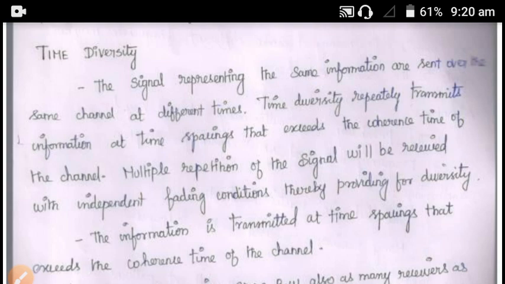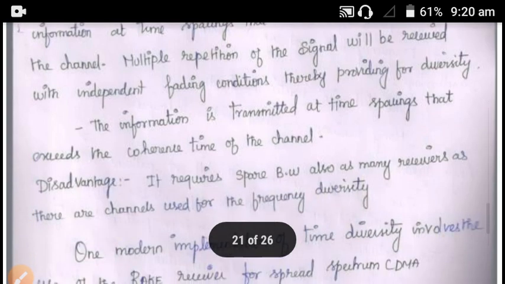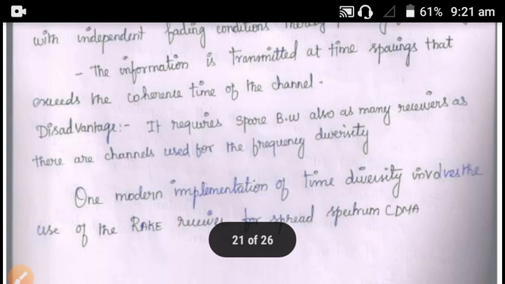The signals are sent at various times, and they will be received with independent fading conditions, thereby providing the diversity. So the information is transmitted at a spacing that exceeds the coherence time of the channel.